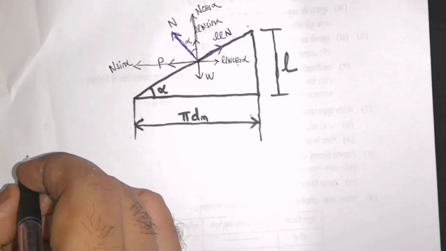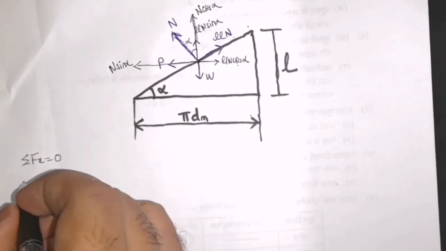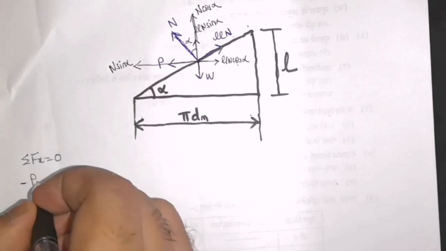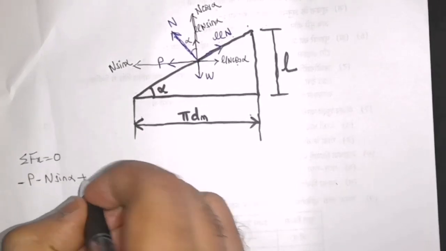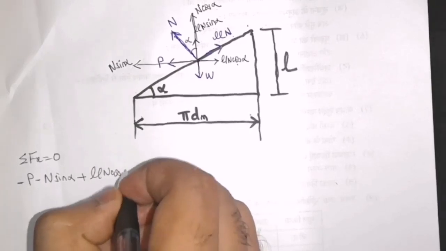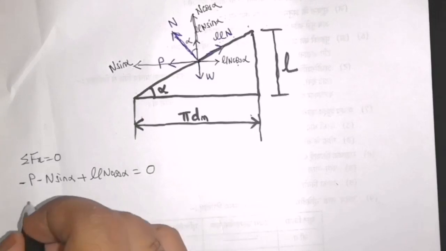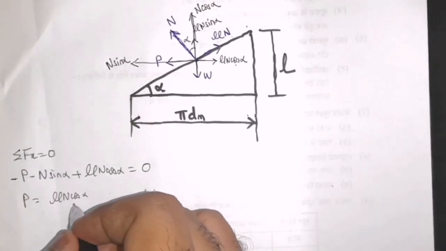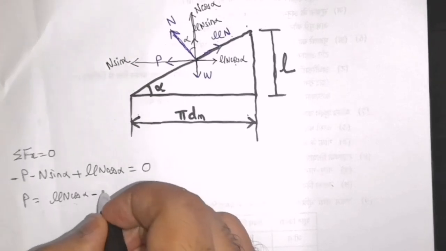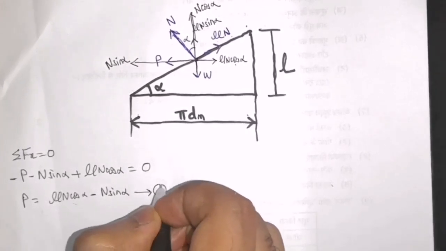Applying first condition of equilibrium, that is summation of Fx is equal to 0, I will get minus P minus N sin alpha plus mu N cos alpha is equal to 0. On rearranging the terms, I will get P is equal to mu N cos alpha minus N sin alpha. Let this be equation 1.